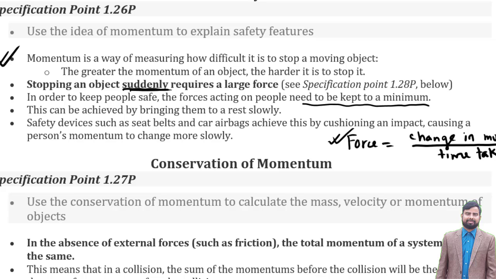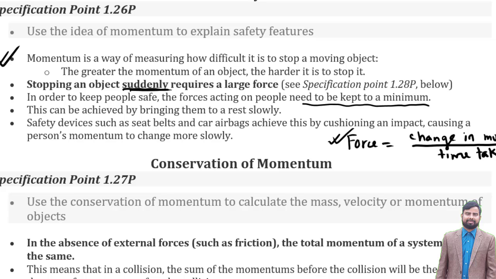Safety devices such as seat belts and car airbags achieve this by cushioning an impact, causing a person's momentum to change more slowly.